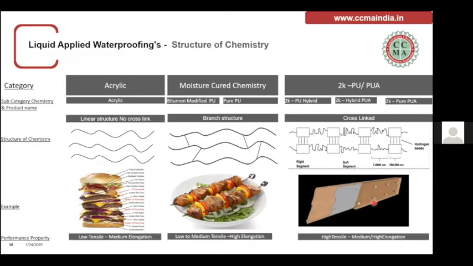Let me show you some examples. Because of the chemistry itself, the mechanical properties of two component are higher than single component, and single component can give you better mechanical properties than acrylic systems.